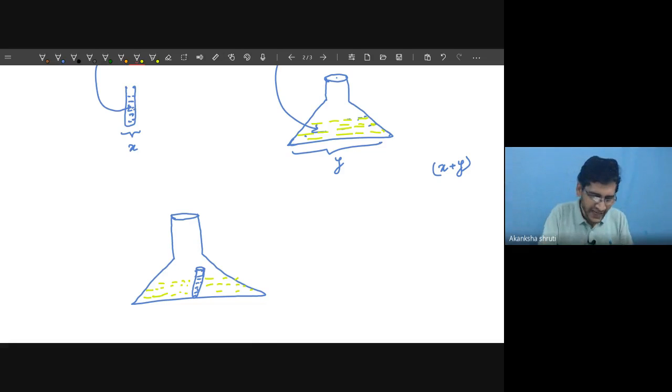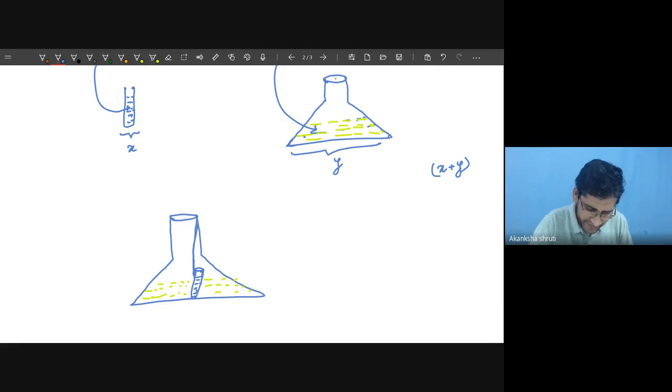For placing this arrangement, we need to put some tag or tie here. Means there is a certain hook in this, like your mug, such a tube, and it is tied here, and this is being closed. Closed means the thread you may take.